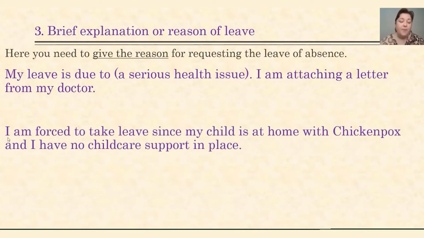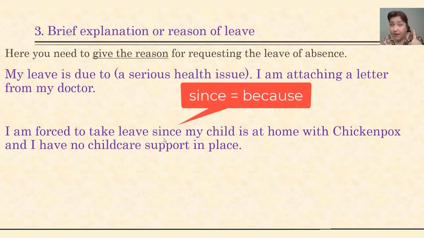Another example: I am forced to take leave since, because my child is at home with chickenpox and I have no childcare support in place. So this means, unfortunately, I have to stay home. My child is ill.